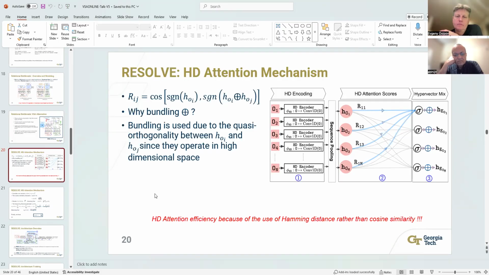Do the vectors become more similar over the course of training? The vectors might be similar as you go over the training, but if you apply this sign here, they become orthogonal. I see.